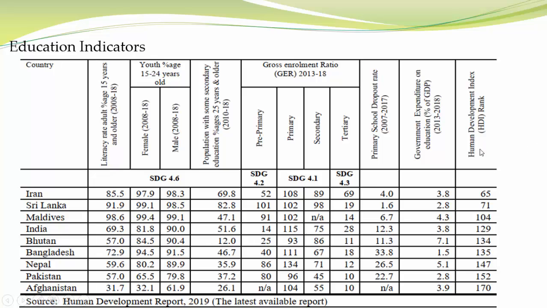Human Development Index, it is an old data. Now we are at 152. Yes, we are at 152, and Iran we see at 65, Sri Lanka at 71, Maldives. Means in the region we are just after Afghanistan.